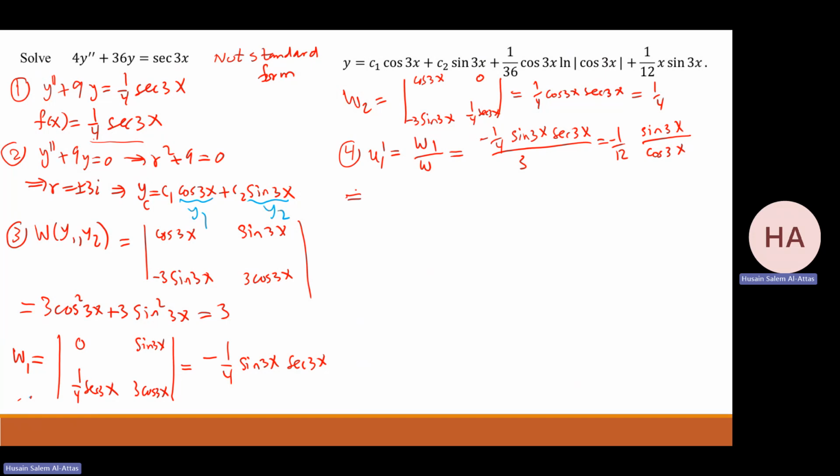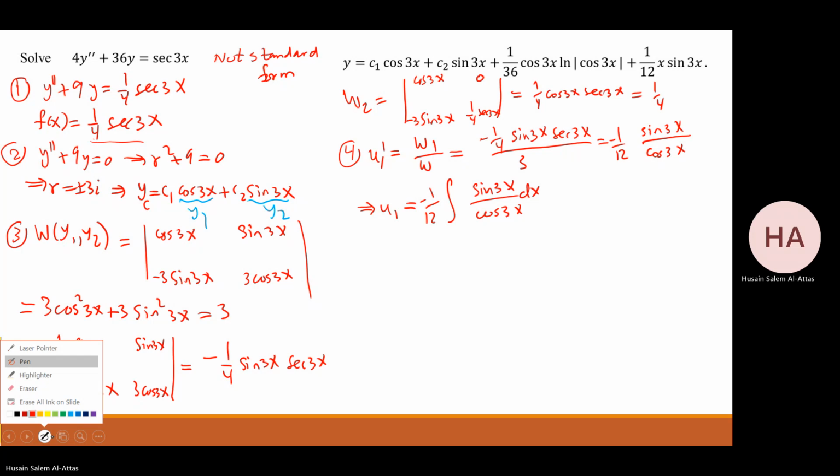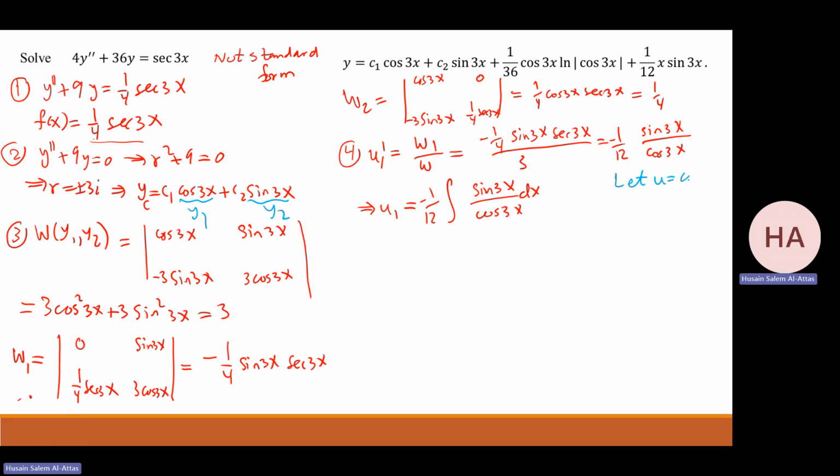So now what is U1? Let me do it. It will be the integral of that, which is what? Let me take minus 1 over 12 outside. That will be sine 3x over cosine 3x dx. Now, if I let u equal cosine 3x, du is what?